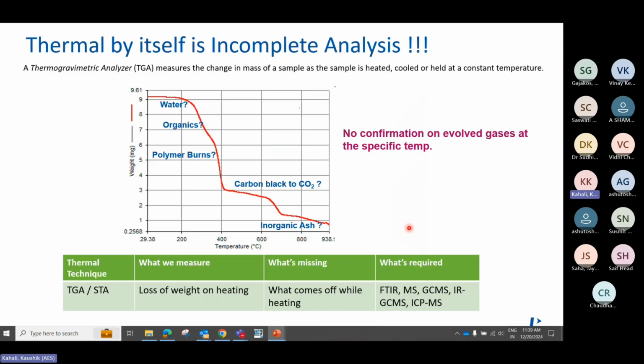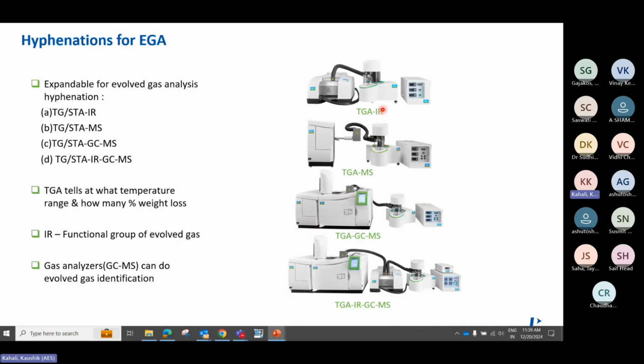Normal TG analysis will tell you just what the composition of your sample is. That is basically a compositional analysis, but what gases are coming out from the sample is not known to you. So for that, we have this technique where a TGA can be connected to an IR, MS. Now this we don't have, it is only TGA GCMS.